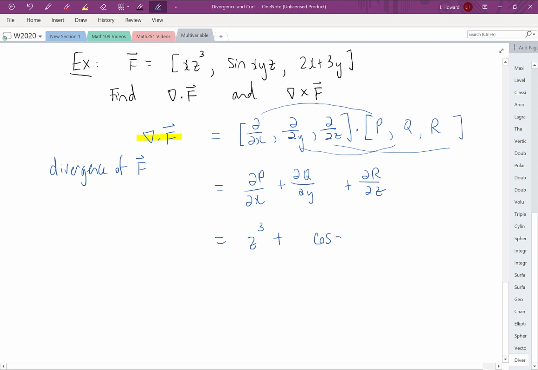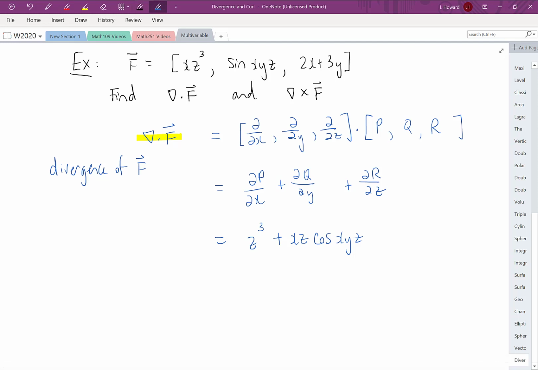So we're going to have cos xyz, but then times the derivative of the inside stuff with respect to y. So that would be xz out in front. And then finally, plus the partial of this third component here with respect to z. Well, there's no z in there, so that partial derivative is just going to be 0. So there we have our divergence of f done.